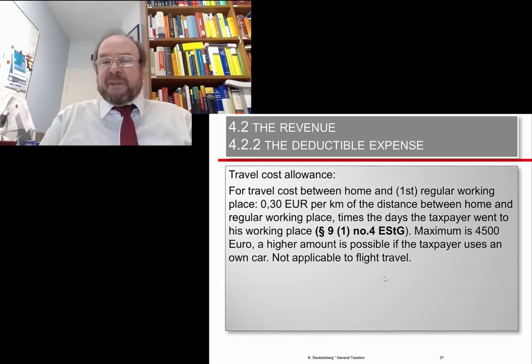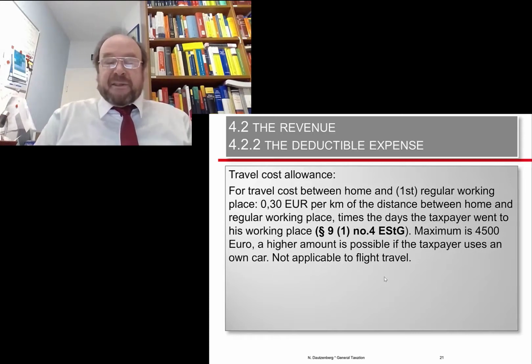The idea is otherwise people would start to calculate the exact costs of their cars, the gasoline costs. There would be endless disputes about the kilometers driven during the year. There would be many opportunities to cheat and so on.